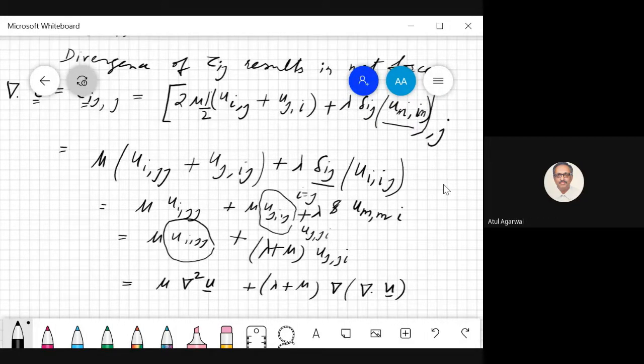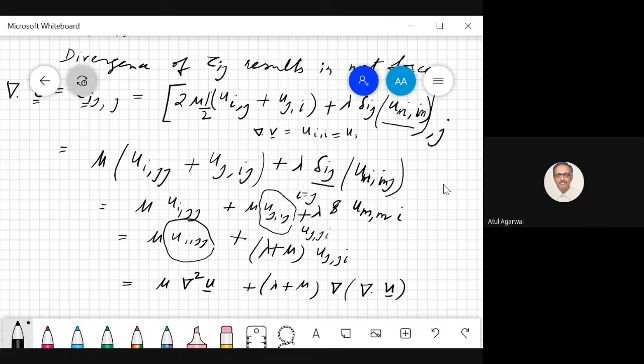Here I should have called it m. Now there won't be any confusion. Since it is a scalar quantity, u_m,m is a scalar quantity. Divergence of velocity is u_i,i.